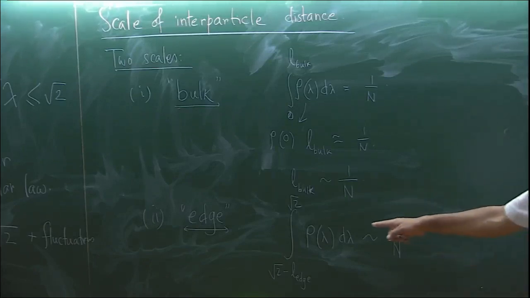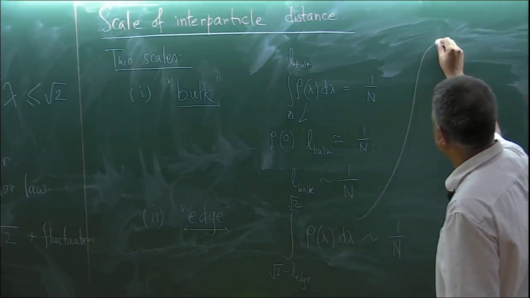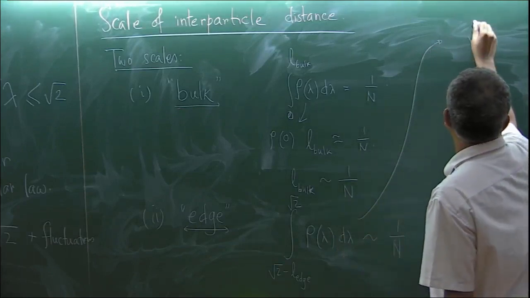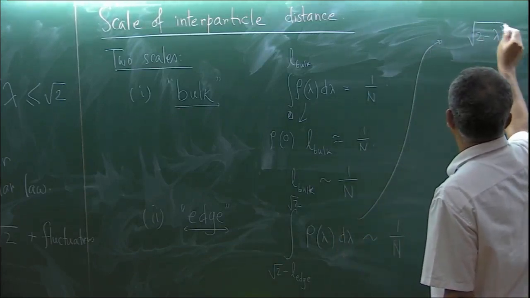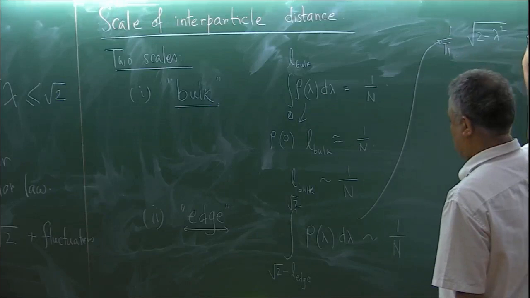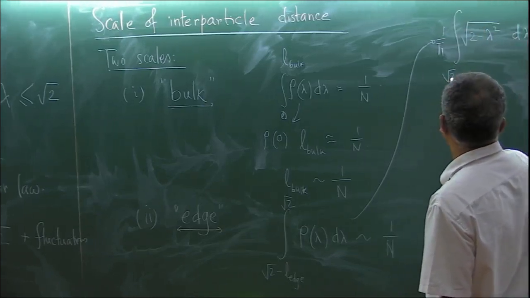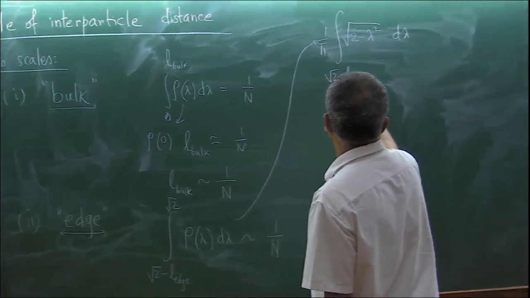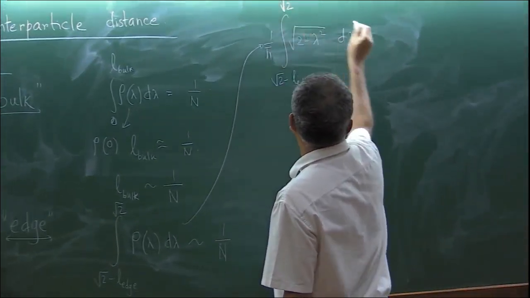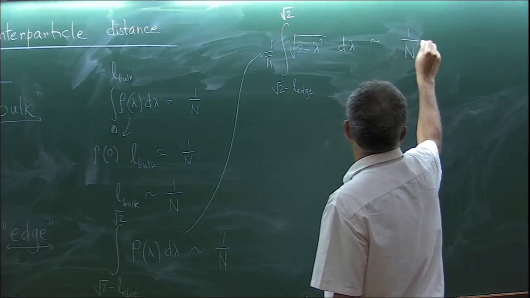Now we have our semicircular law, so rho of lambda goes like square root of 2 minus lambda squared. There's a 1 over pi, but you don't care. This is order 1 over n.